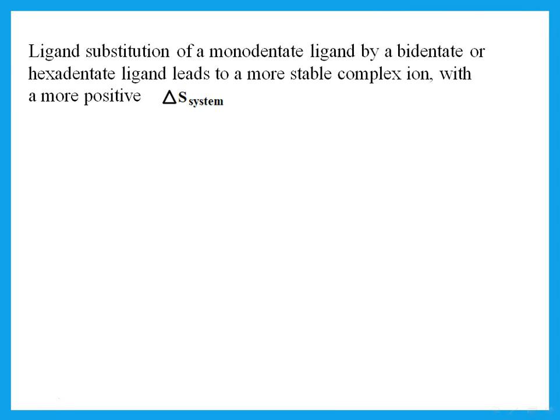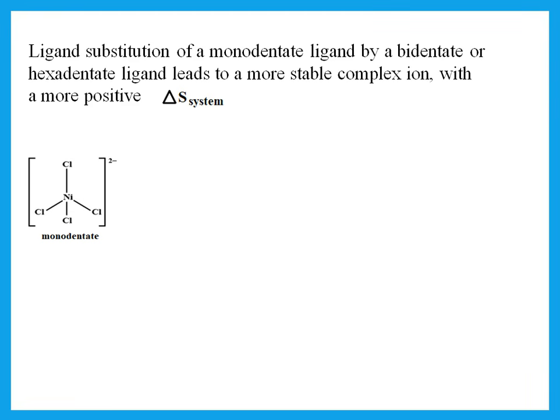Remember that we said ligand substitution of a monodentate ligand by a bidentate or a hexadentate leads to a more stable complex ion. And that means that the system will have a more positive delta S. So remember that replacing a monodentate by a bidentate or a hexadentate makes the delta S system more positive, and that means it forms a more stable complex.